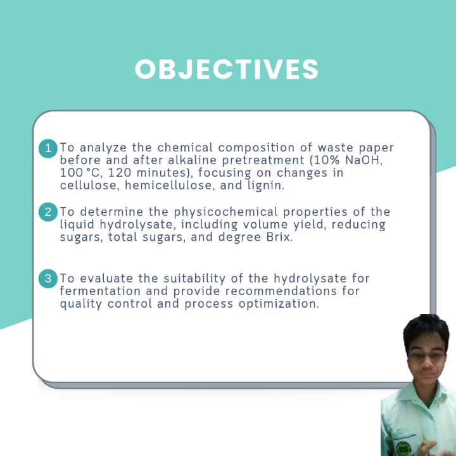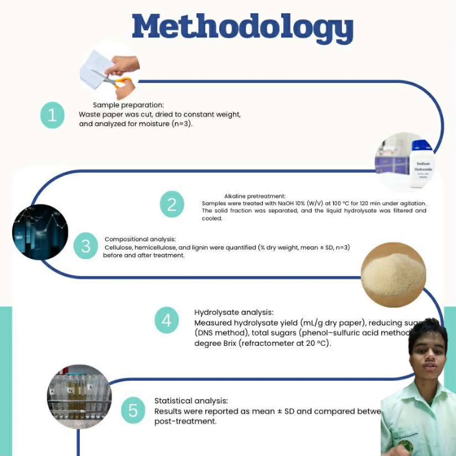And second, to determine the physicochemical properties of the liquid hydrolyzate, including volume yield, reducing sugar, total sugar, and Brix. And finally, to evaluate the suitability of the hydrolyzate for fermentation and provide recommendations for quality control and process optimization. And next slide.